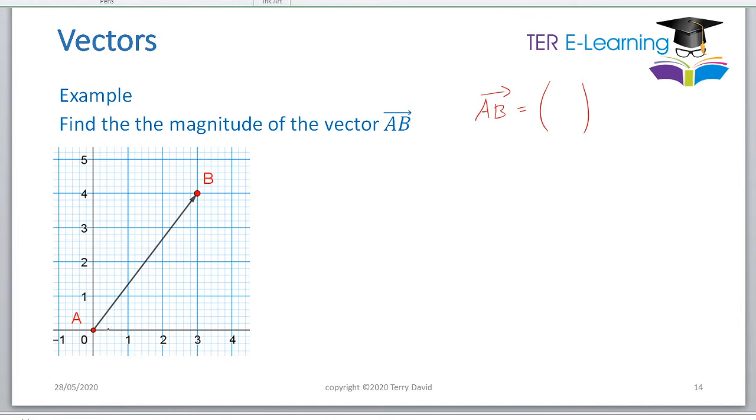You want to go from A to B. So we're going to go in the x direction first. So this is 1, 2, 3 units to the right, so therefore that has to be 3 here. It has to be positive. I'm moving in the positive x direction. Then I'm going to go 1, 2, 3, 4 units in the positive y direction. So therefore, this here is what my column vector is, right?